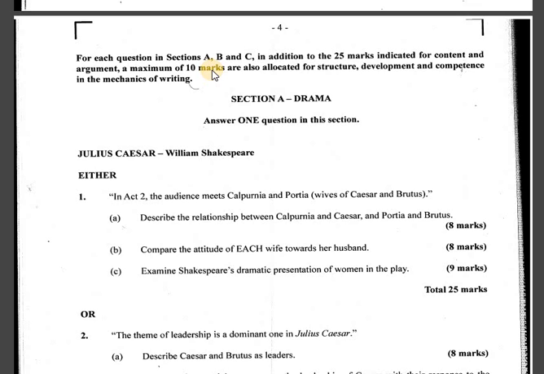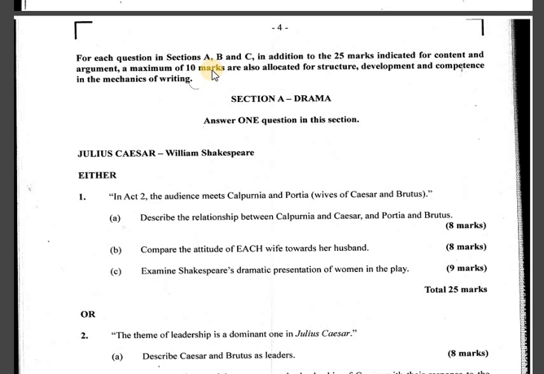So structure meaning free flowing paragraphs. This means you include your transitional words and phrases, your also, your therefore, your whereas, additionally, consequently, all of these things you include. That will add to your overall structure and development.